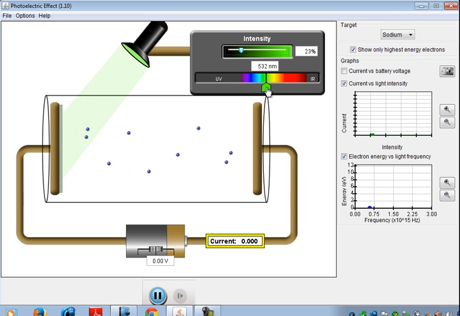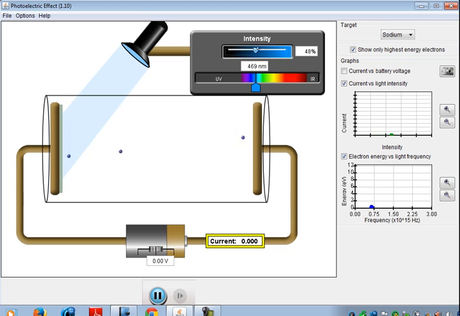So going to lower wavelengths from 532 into the 400s, you see the electrons ejected, same number ejected per second as before with the lower intensity, but now they're coming out with a lot more kinetic energy because they were hit by higher energy photons.